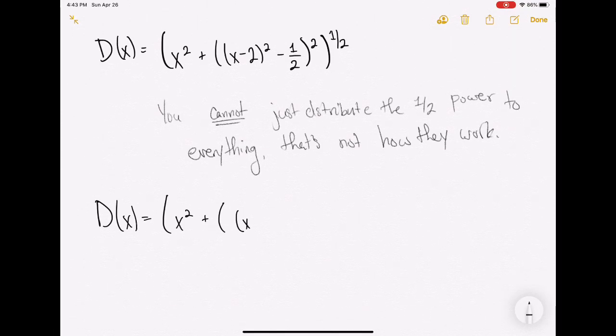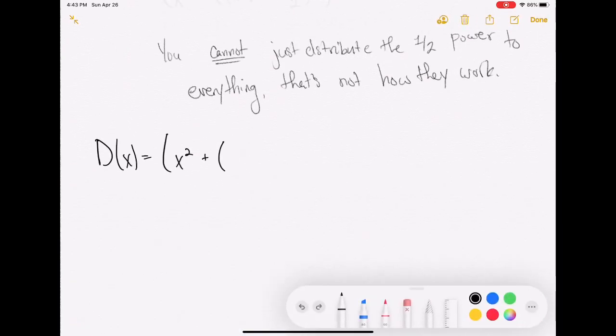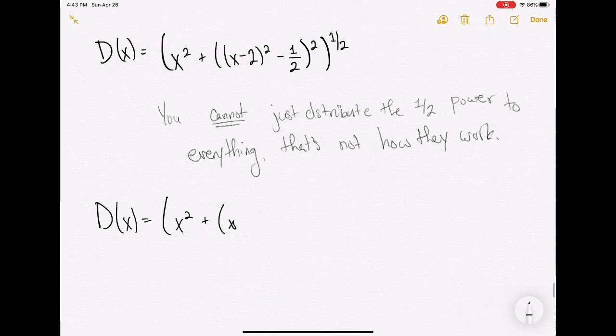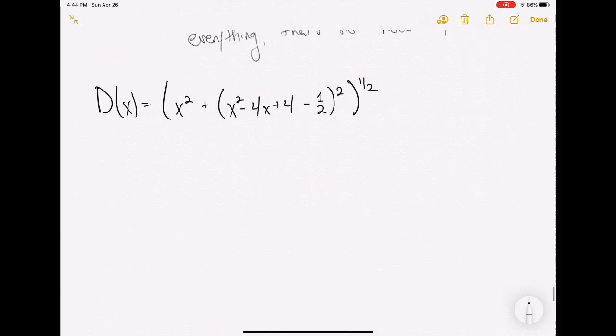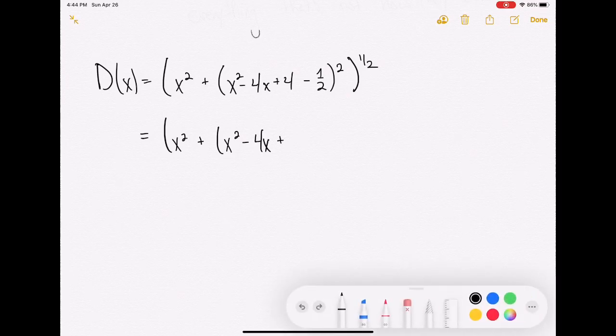The inside squaring piece gives me x squared minus 4x plus 4 minus 1/2, and that piece is squared to the 1/2 power. Then I get x squared. Now I can square this big piece. Well, I'll rewrite it like this. X squared minus 4x. 4 minus 1/2 is going to be 9/2. Sorry, 7/2. I can add.